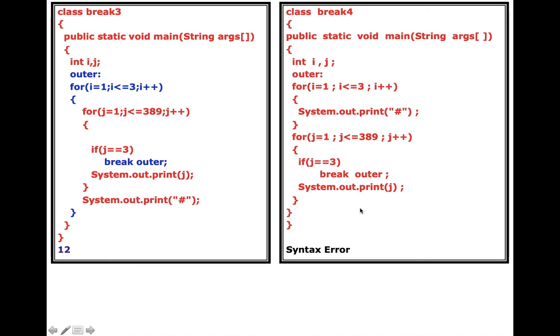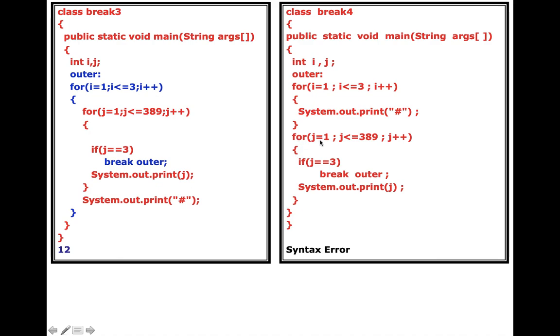If you see carefully, this for i loop and for j loop are not nested loops. The for j loop is not inside the for i loop. Outer over here is the label of the for i loop, and the for j loop is independent of the for i loop.